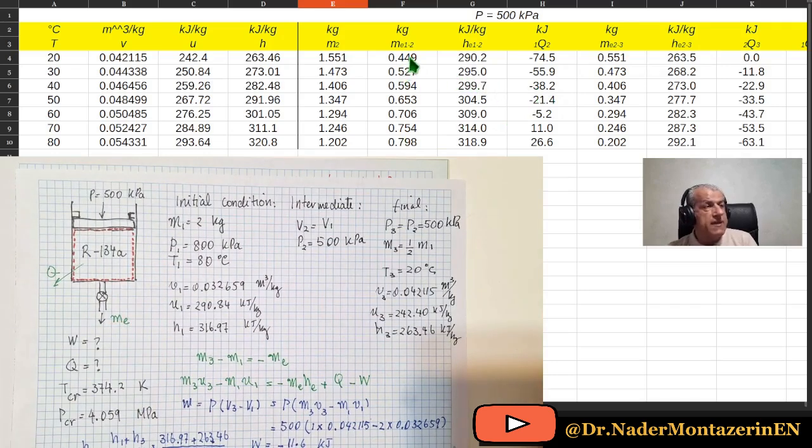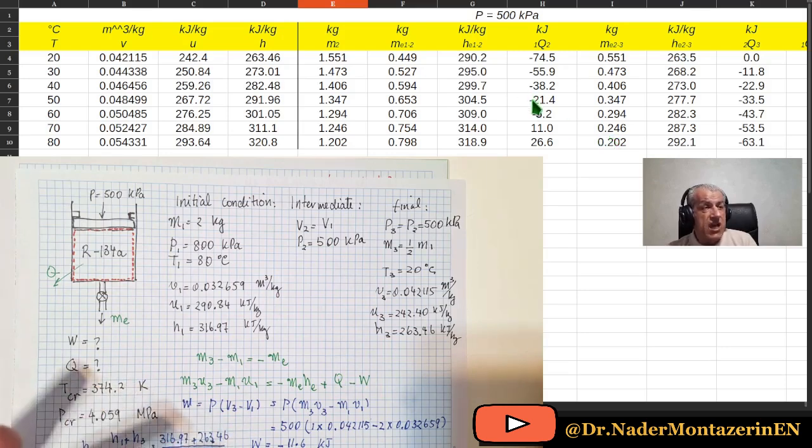I mean, in any row, the sum of these two columns would be 1: 0.798 plus 0.202 is 1. And that's the same for any row. So the total mass leaving the control volume is 1, of course. But it's very important how much of it leaves during 1-2, and how much of it leaves in 2-3.